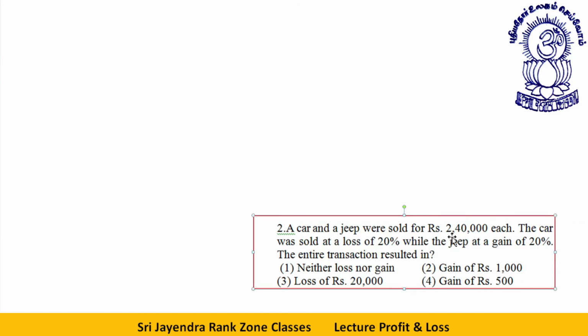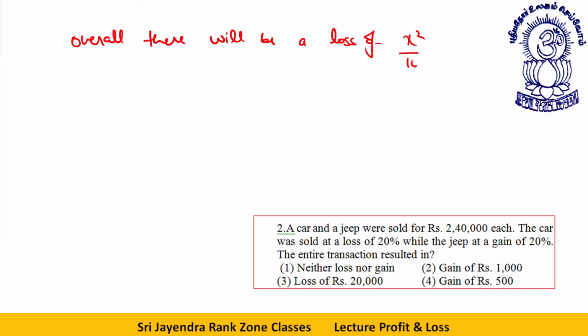A car and a jeep were sold for 2400 each. The car was sold at a loss of 20%, while the jeep at a gain of 20%. The entire transaction resulted in? See students, first of all, overall there will be, you can read the question, or you can say 20 square by 100%, that is 4% loss.